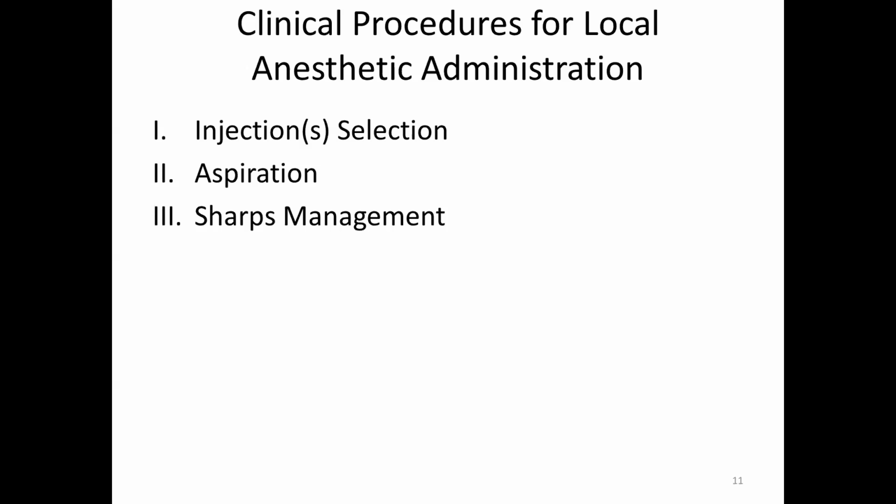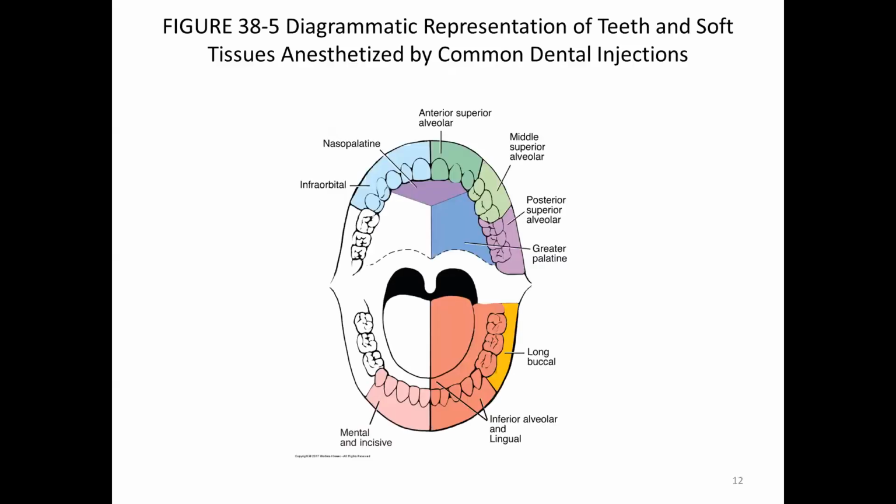So what are some of the techniques here? Depending on where you're trying to inject, you don't need to learn this for this semester, but you can see the different colors on the different types of anesthesia. And the nice thing is you've had head and neck anatomy, so you're not having to learn any new landmarks.